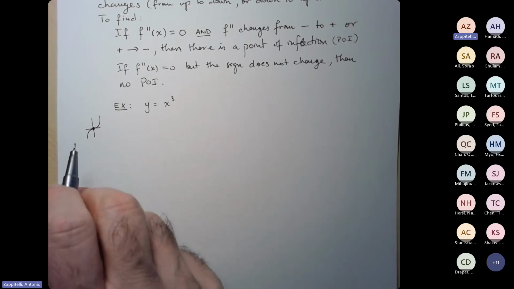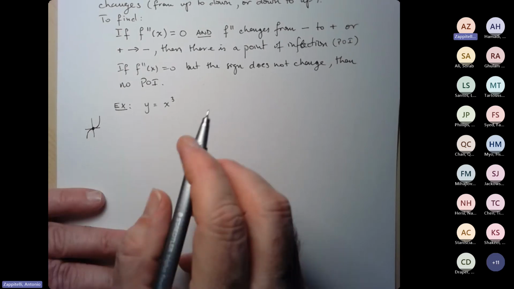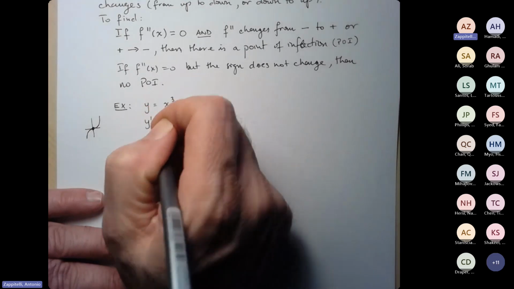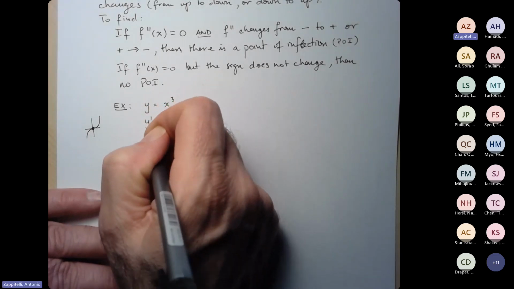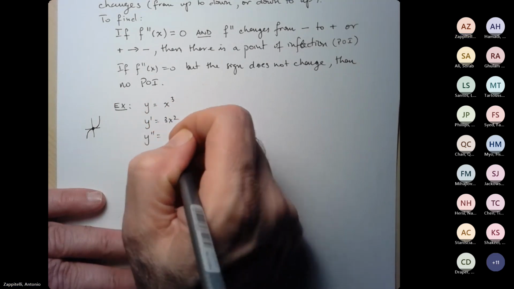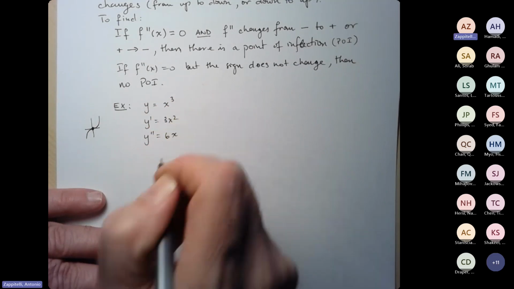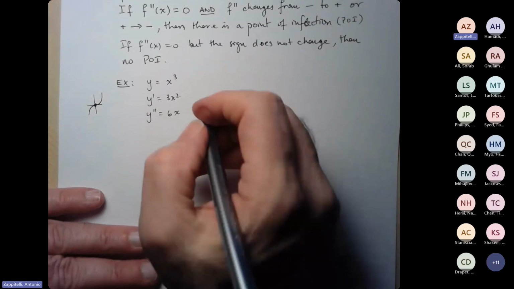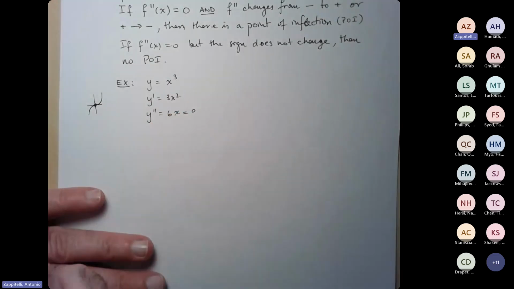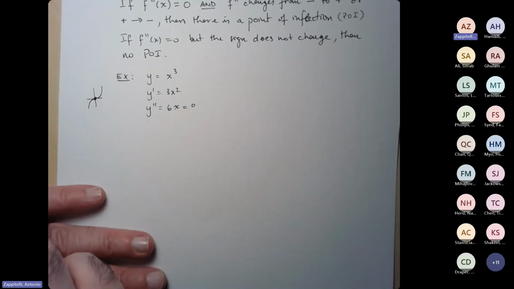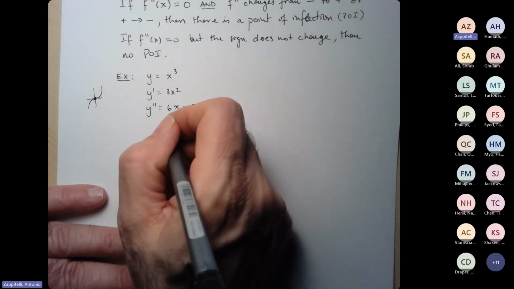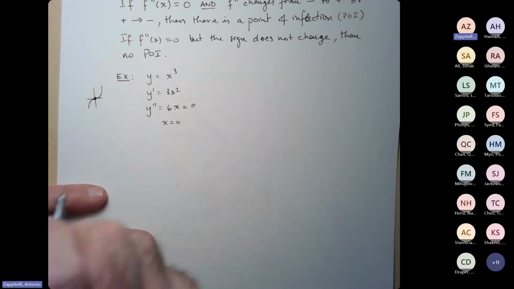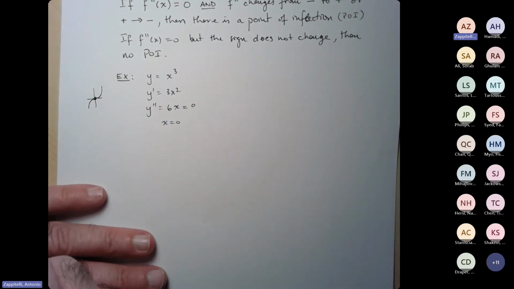But let's actually solve the problem. Okay, so let's find the first derivative, 3x squared. Let's find the second derivative, 6x. Okay, so let's make the second derivative equal to 0. All right, so 6x equals 0. When does that happen? Hey, at x equals 0, just like we anticipated.